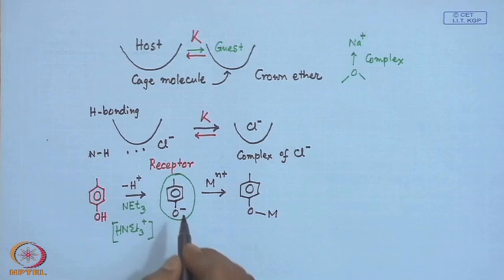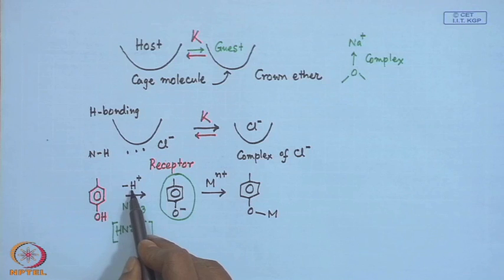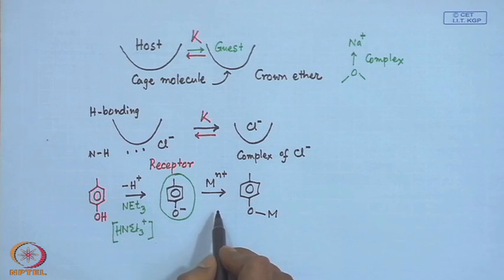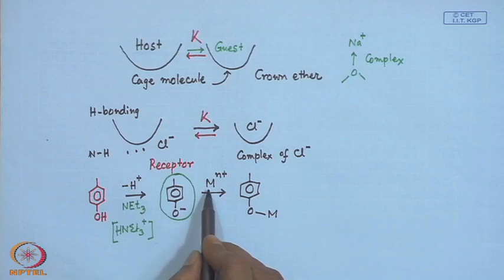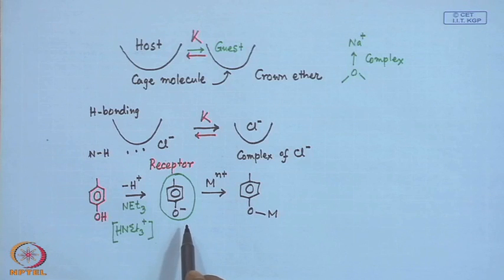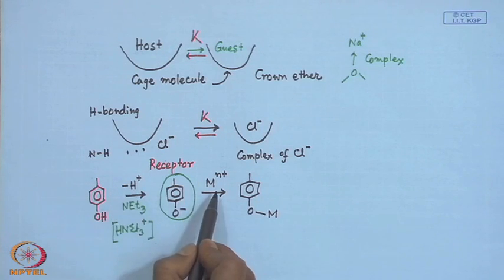So, there will be no competition for this phenoxide ion to bind with the proton which was originally bound to the system, because it has already been taken away by the triethylamine molecule. So, in that case only the added metal ion M n+ can bind to the ligand system, forming one M-O bond from the phenol unit. In that case we do not have competition for the L species between H and M.